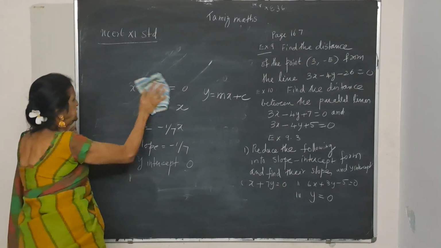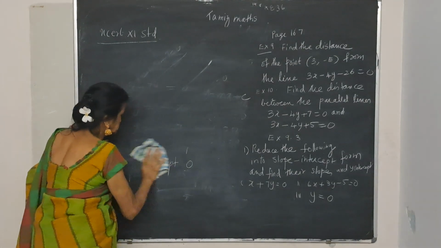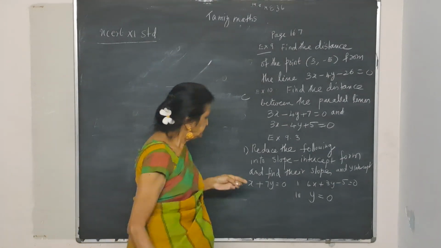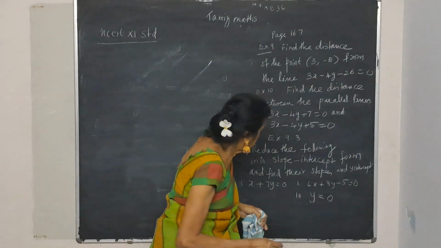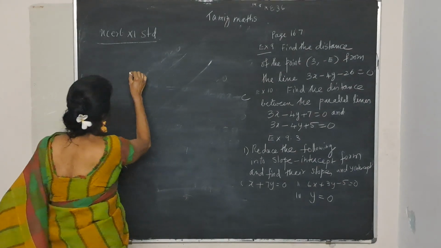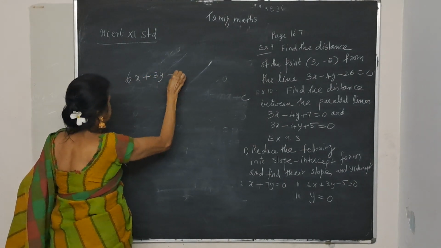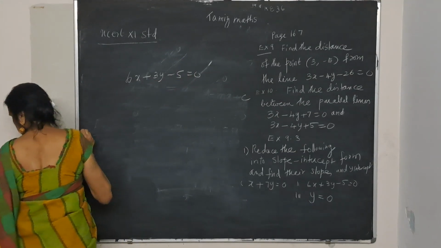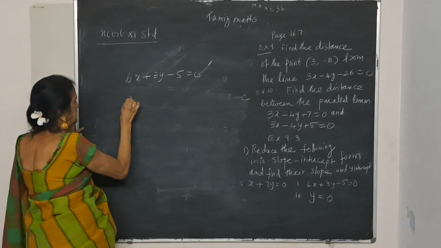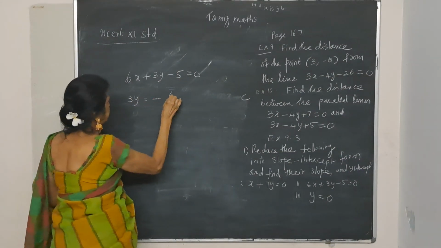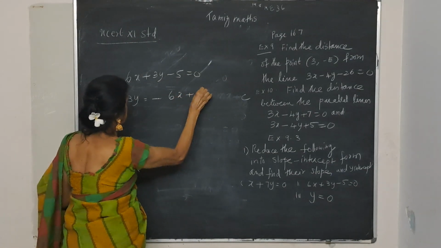Now we go for the next one: 6x plus 3y minus 5 equal to 0. We have to find out the slope and the y-intercept. 3y is equal to minus 6x plus 5.